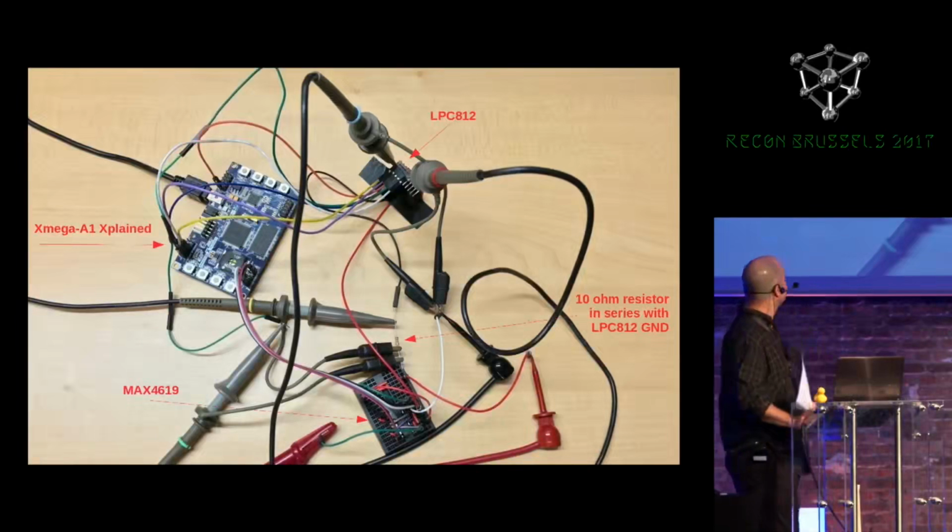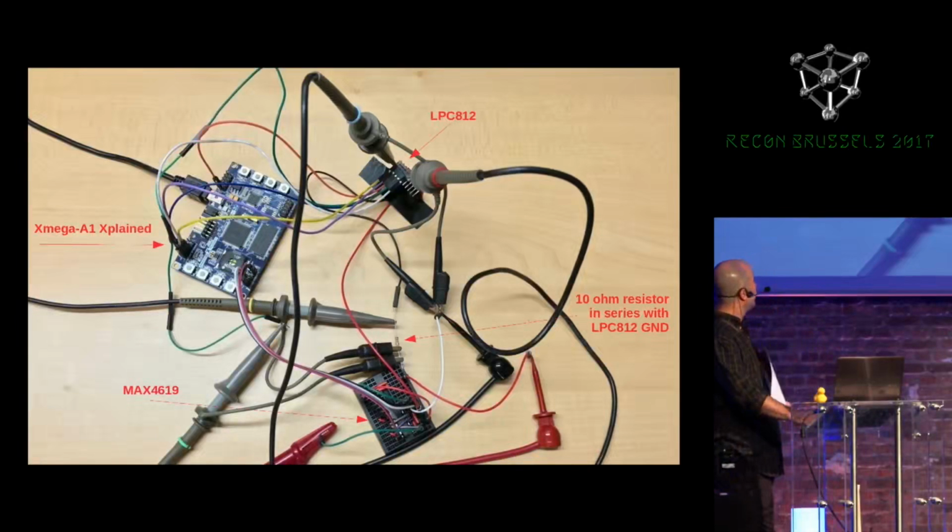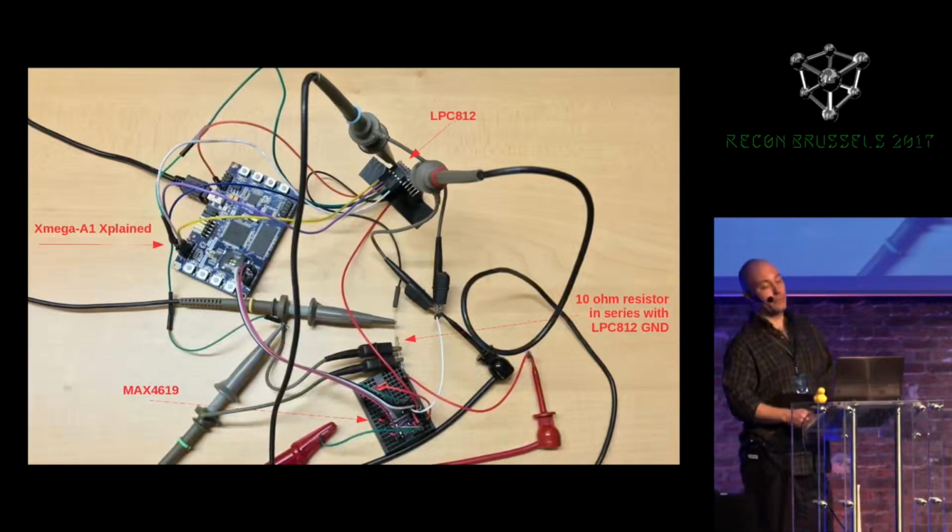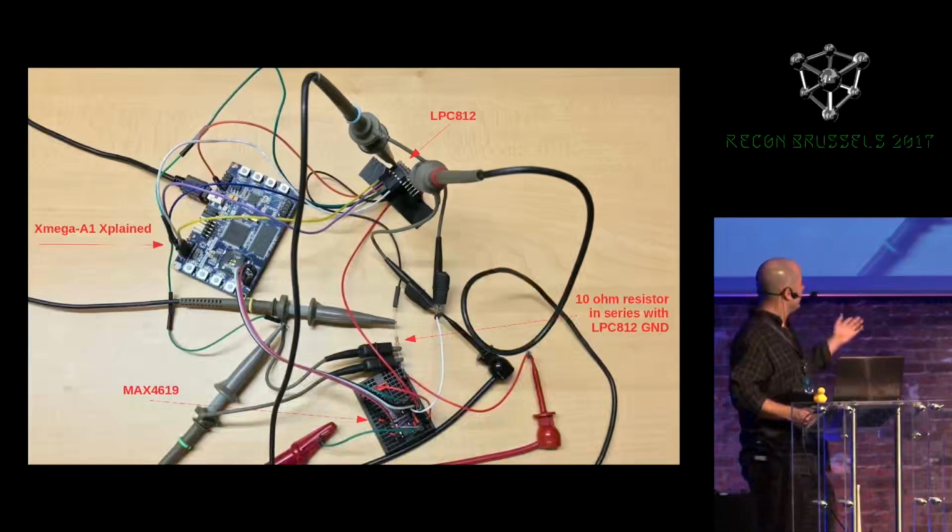So here I have everything labeled. The blue development board is an XMega A1 Xplained board. This has an Atmel XMega chip, which is an AVR that runs at 32 megahertz. Then below that, on the black breadboard, I have the MAX4619 glitcher circuit.